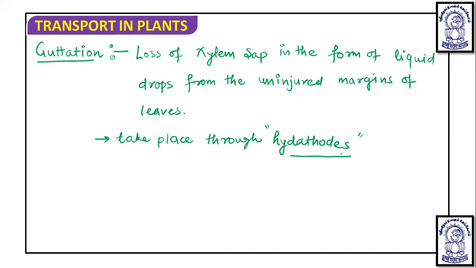It takes place through hydathodes. And these hydathodes are a special type of stomata, or we can say they are just a small pore, but they are also known as water stomata.